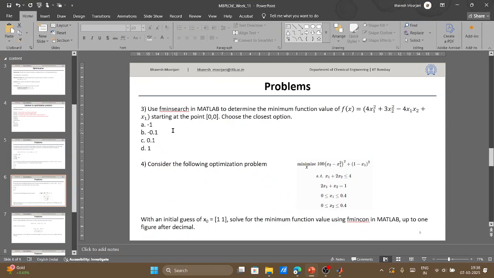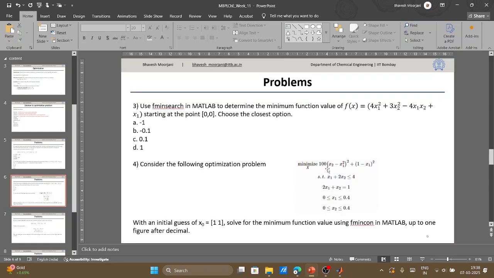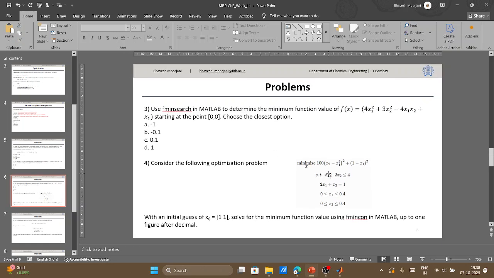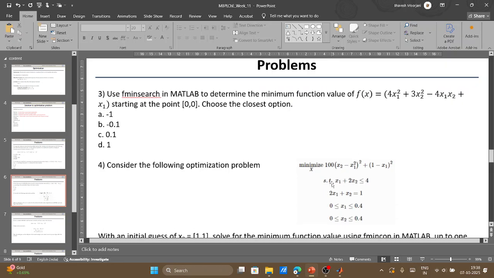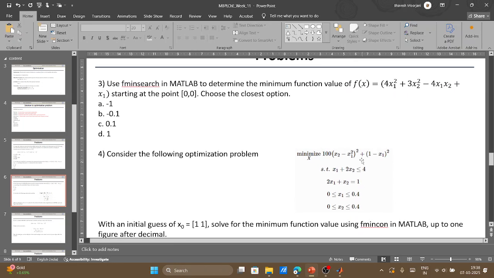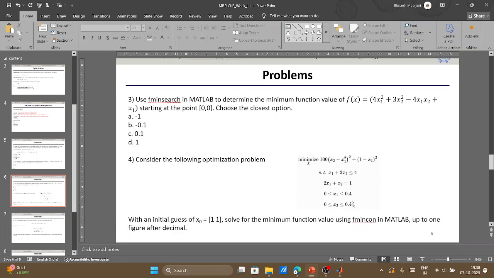Now next we have: consider the following optimization problem. We have to minimize this function, 100 times (x2 minus x1 square) square plus (1 minus x1) square, subject to constraints. So we have one inequality constraint, one equality constraint, and two bounds on the variables, right?